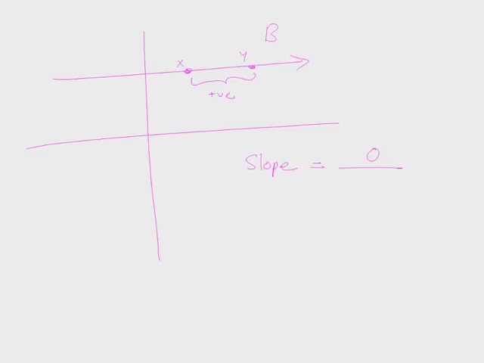So the slope is 0 over some positive number, which is 0. 0 divided by anything positive or negative is 0. So the slope of a horizontal line turns out to be 0. The slope of every horizontal line will be 0. What it says is it's not inclined at all to the x-axis. It's in fact parallel to the x-axis. So in particular, the slope of the x-axis is also 0.